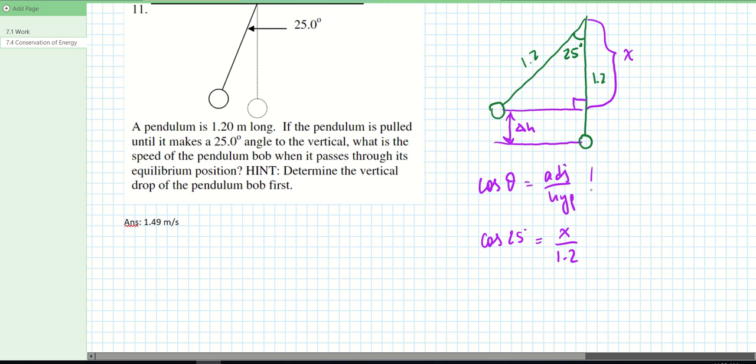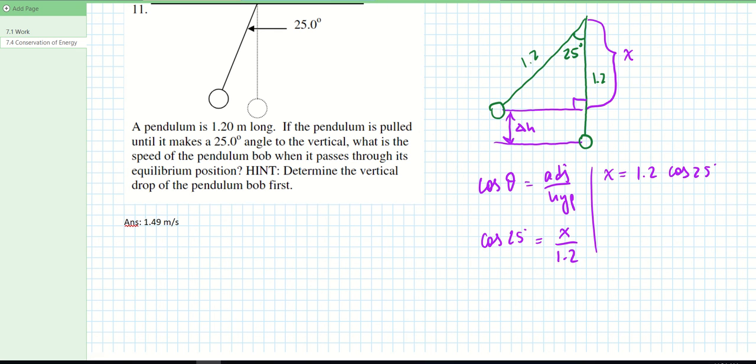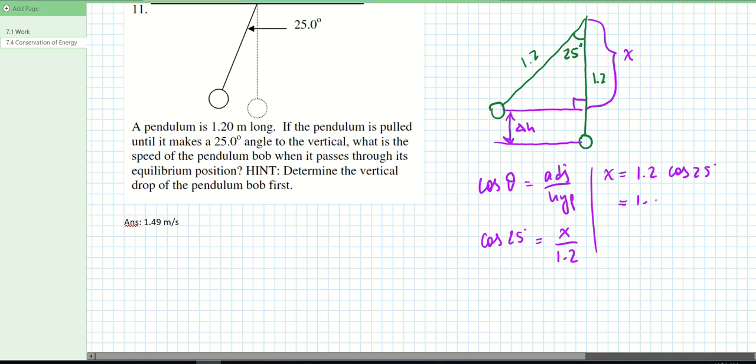So X in this case is going to equal 1.2 times cosine of 25 degrees. Again, make sure your calculator is in degrees so you won't get the wrong answer. So 1.2 times cos 25 is 1.08756 and so on. So this is in meters.